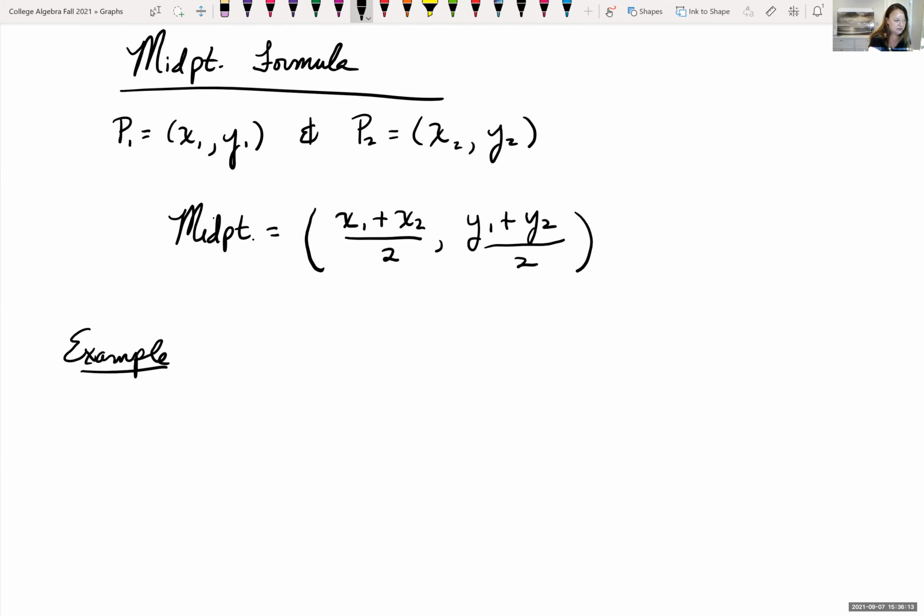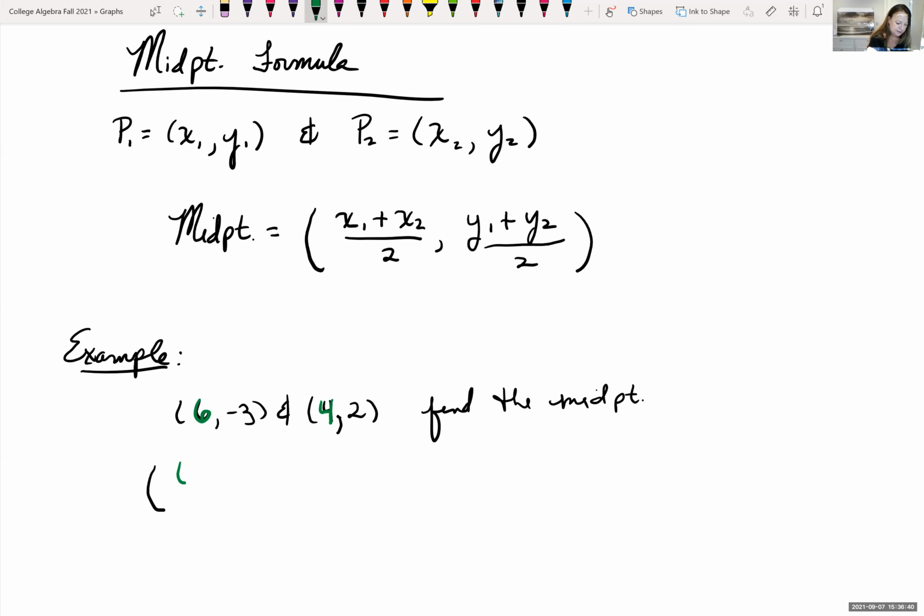So if we wanted to do that between the points 6, -3 and 4, 2. Okay, so again, I'm going to sum my x values. So 6 plus 4 and divide that result by 2.